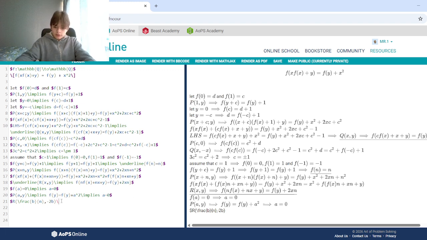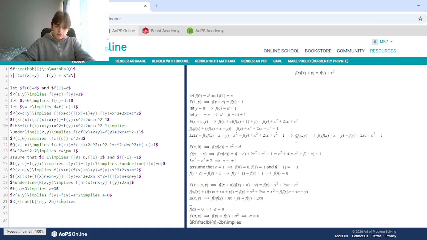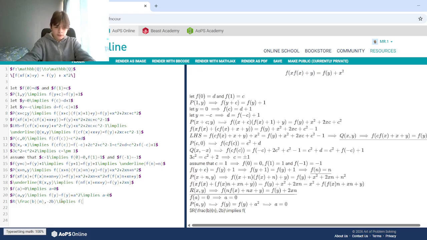If we put this, we get f. Also b and n are integers, to be exact, so we will use this because we know that we can bring integers out here.